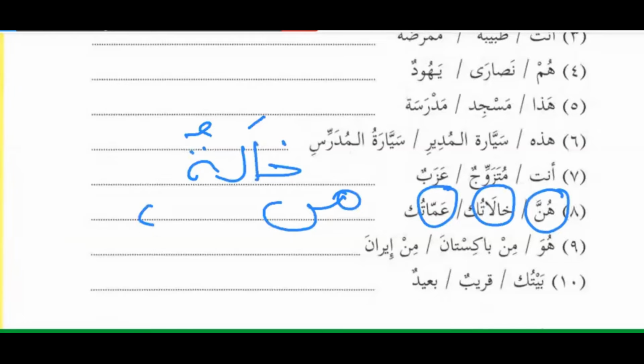Hunna, why hunna? Because these are jama, this is muannas, and ammat is also muannas, so we will say hunna. Had it been khalatun or ammatun, what would we have said?